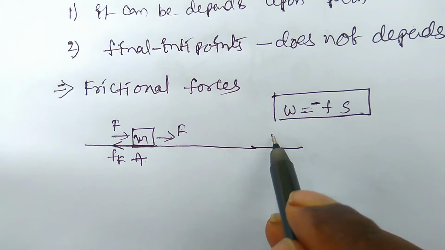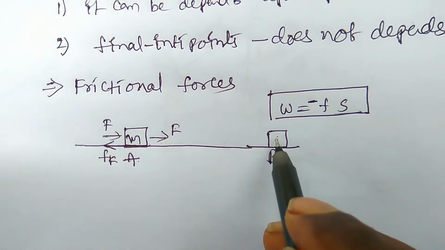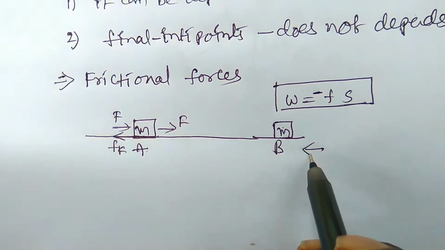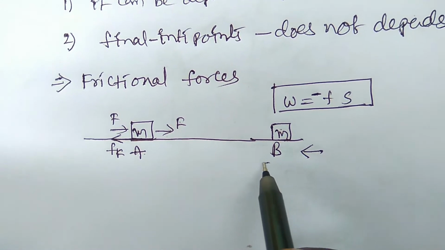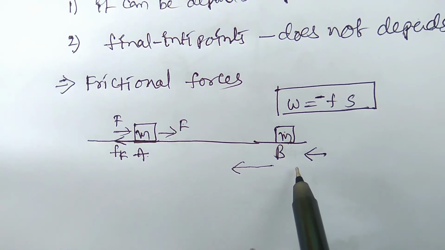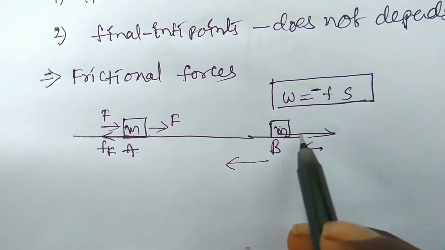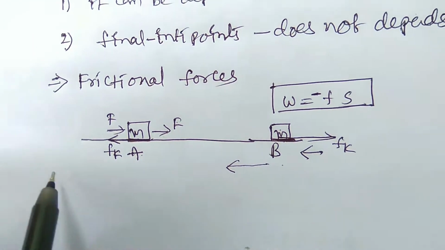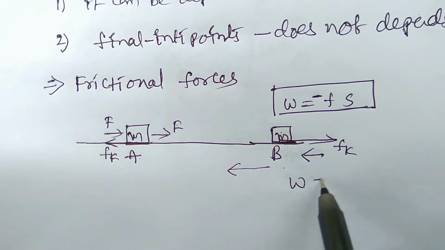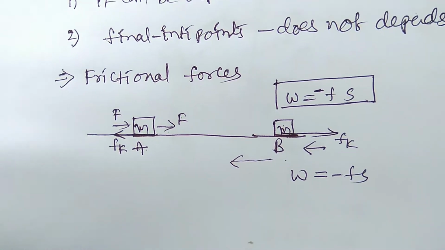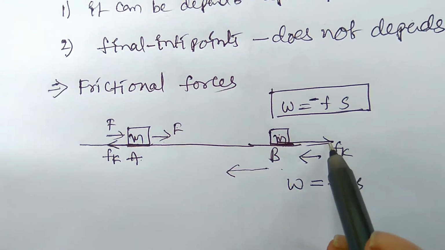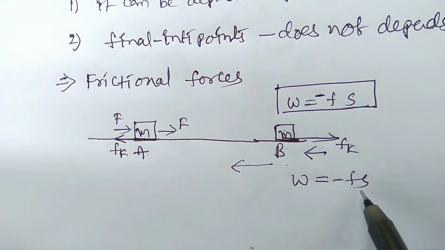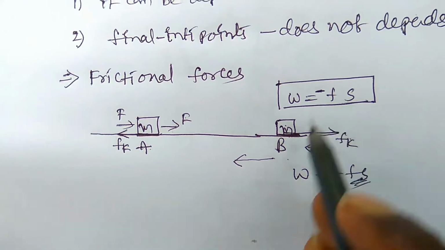Similarly, after some time the body reaches this point, and now we apply an external force in this direction. Then the body moves in this direction, and the frictional force acts in the opposite direction because the surfaces are in contact. So the work done is also minus Fs.